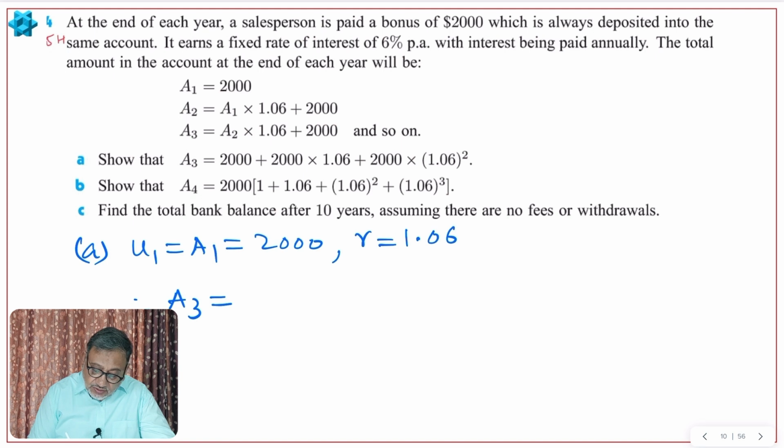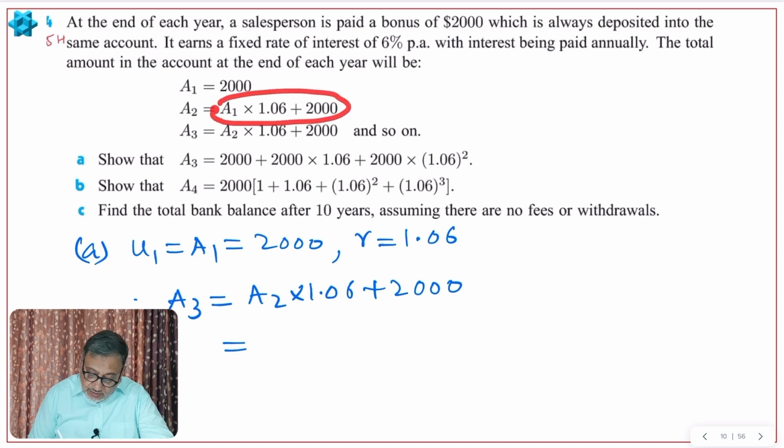A3 is A2 into 1.06 plus 2000. Now A2 we already have the value of. A2 is A1 into 1.06 plus 2000.